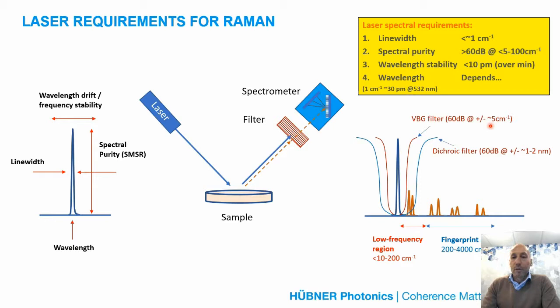So, in terms of spectral purity for the laser, it has to be more than 60 dB, and for low-frequency Raman applications, it has to be that as close as a few wave numbers away from the main peak.